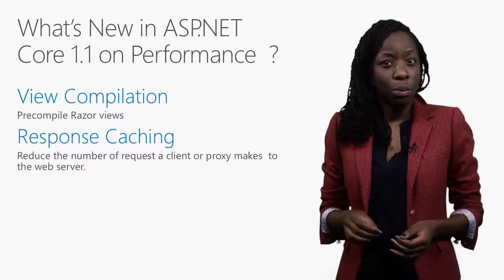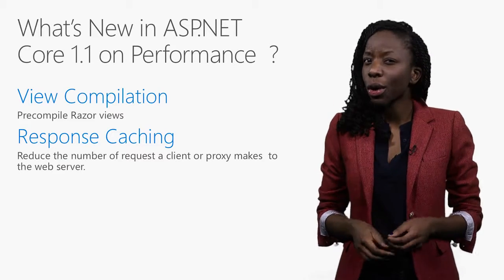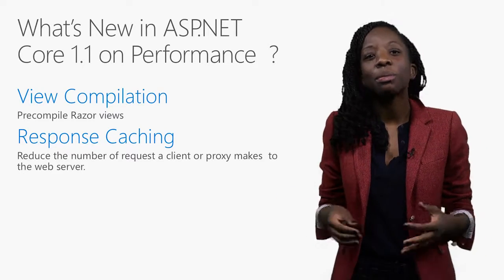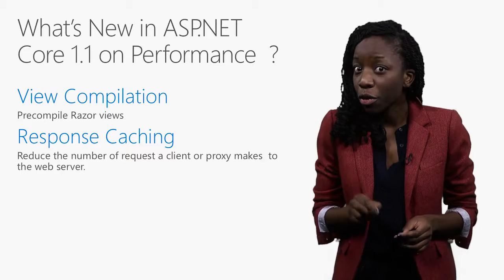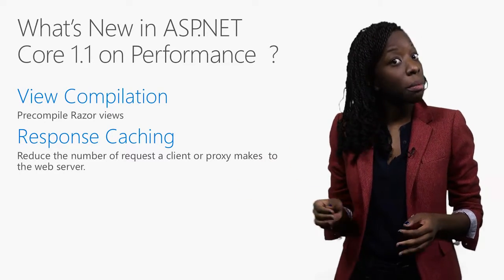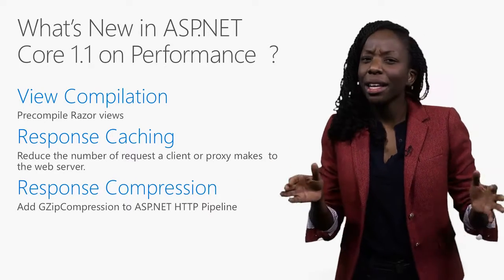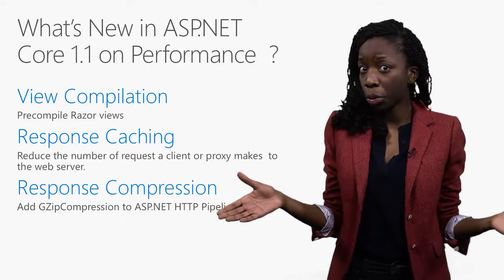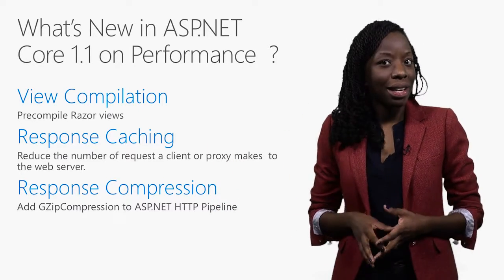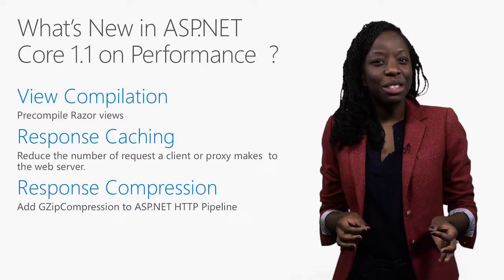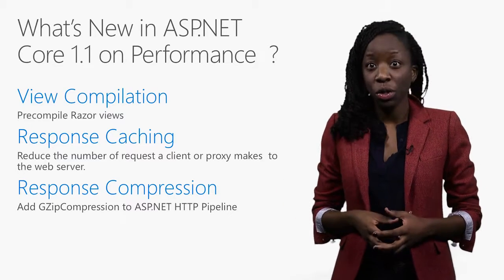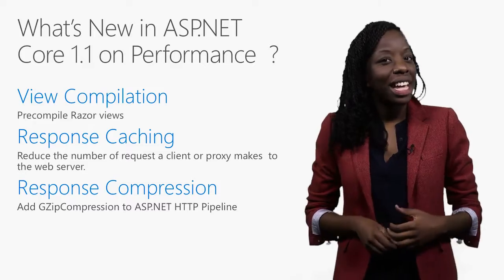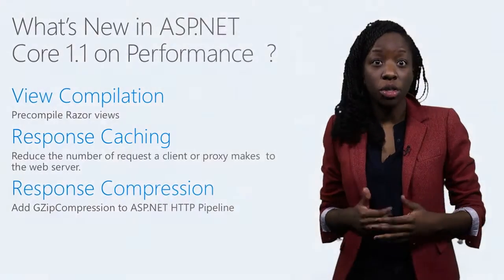Response caching puts you, the developer, in control of caching headers sent to the browser. This reduces the number of requests a client or a proxy makes to the server. And finally, response compression. You can now add gzip compression to the ASP.NET HTTP pipeline. This feature allows ASP.NET's Kestrel server to do your compression instead of the front-end web server.